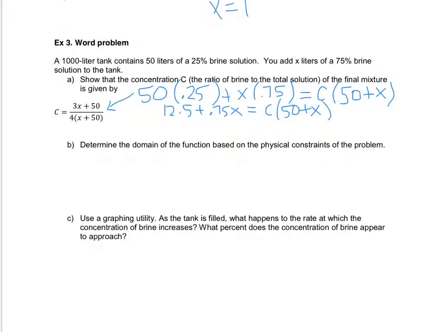Okay, so what we're going to do is divide out the 50 plus x because this equation is solved for C. So I want to solve my equation for C. I'm going to do that by dividing out 50 plus x.